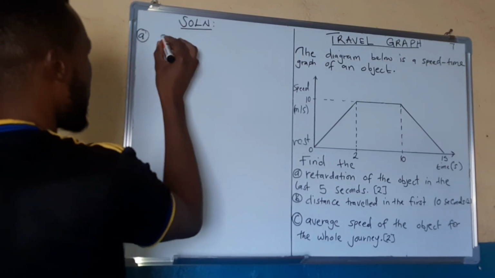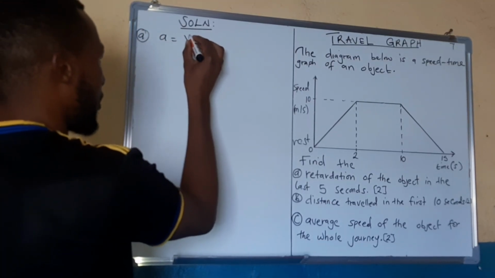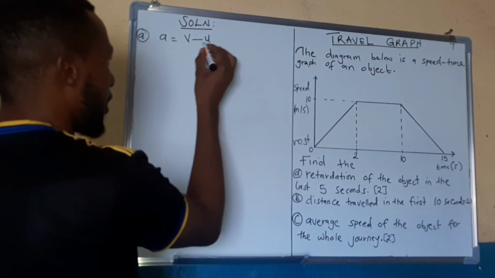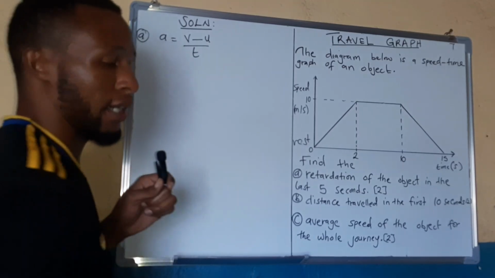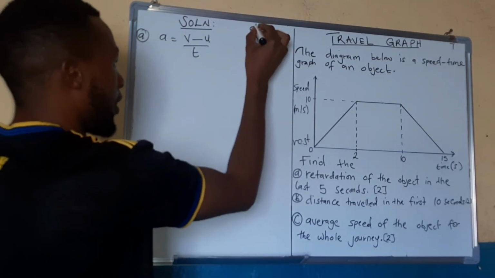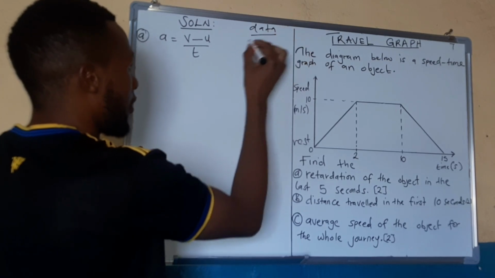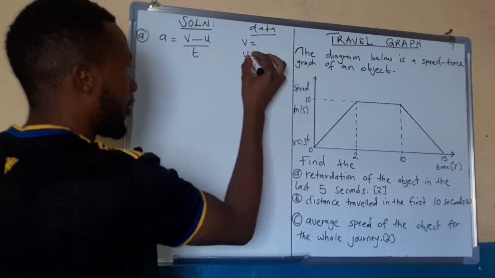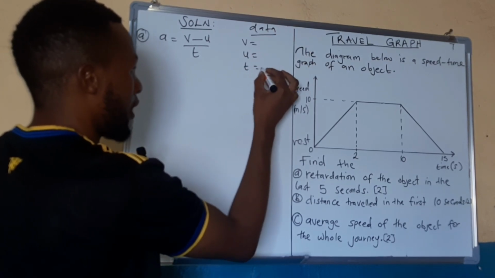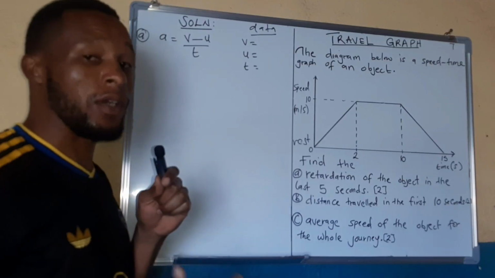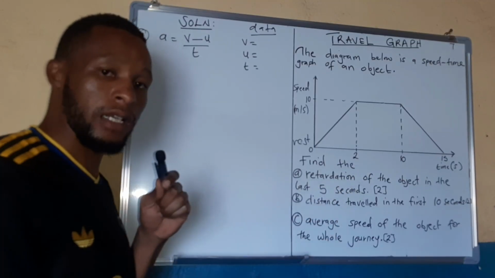Here we are still using the formula for acceleration: final velocity minus initial over time taken. So on the data: final, initial, time. Acceleration is what we are trying to find. That is the retardation.